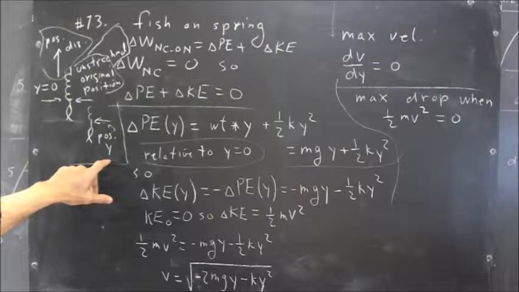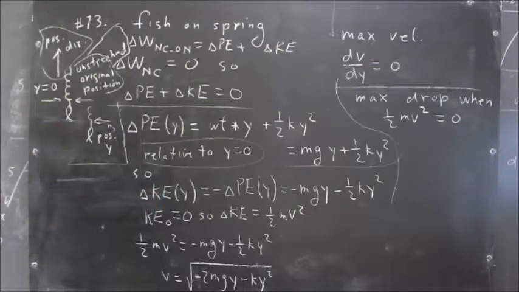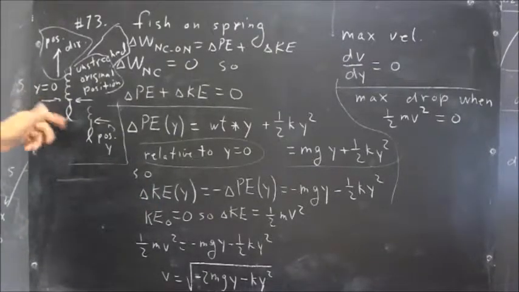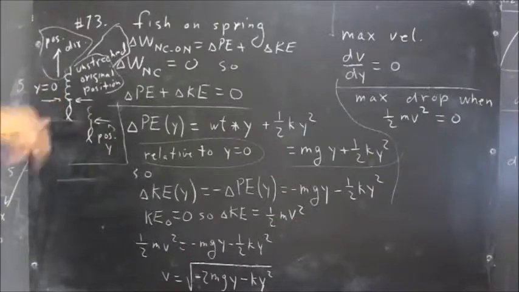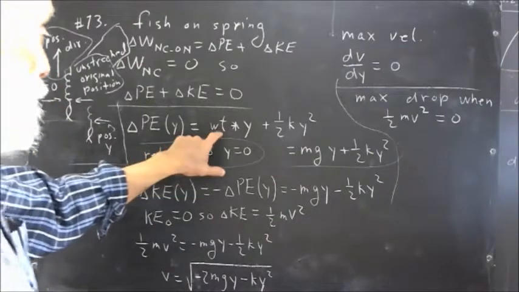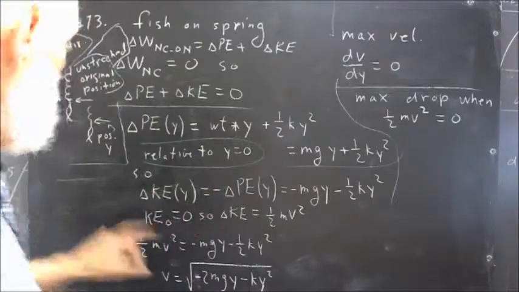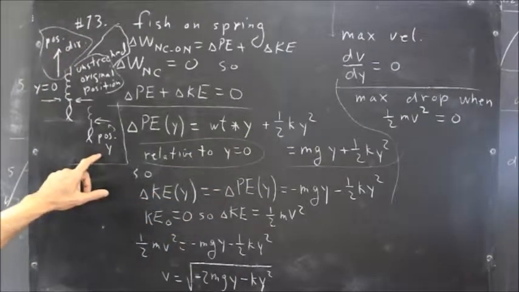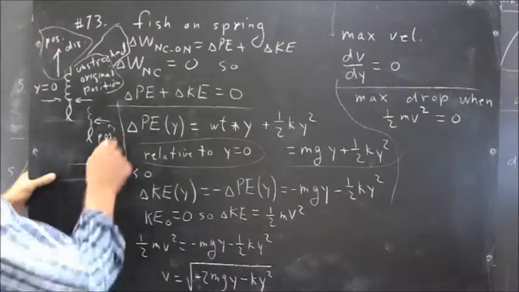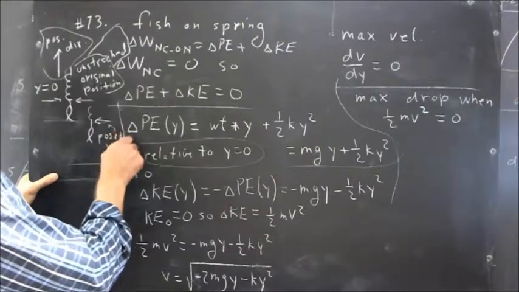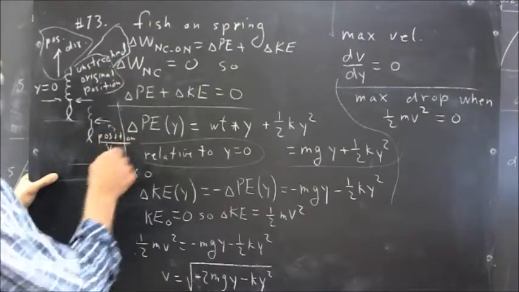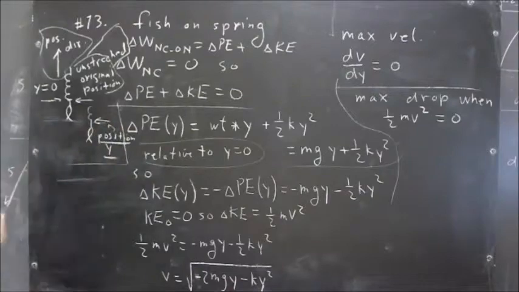But y being negative, the potential energy change will therefore be equal and opposite to the work done by gravity. It'll be negative, and the weight times y is going to be negative because y is negative. I better clarify this, even if it gets a little sloppy. That's position y, not positive y. Okay?